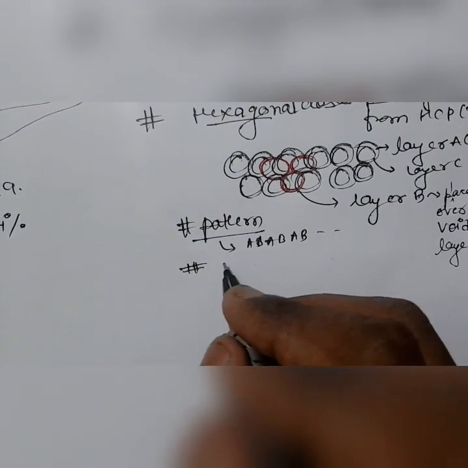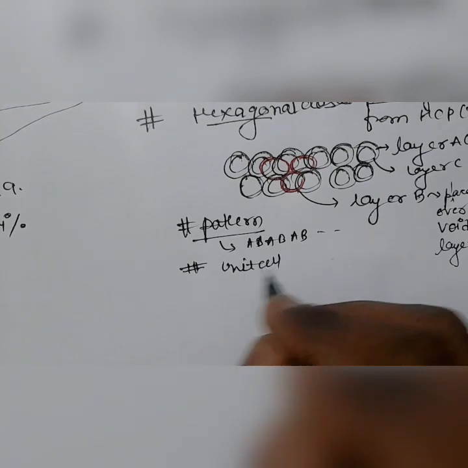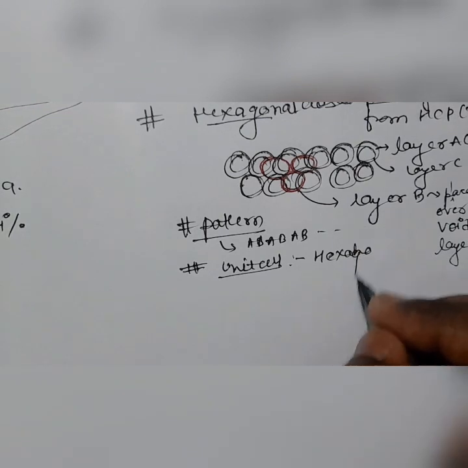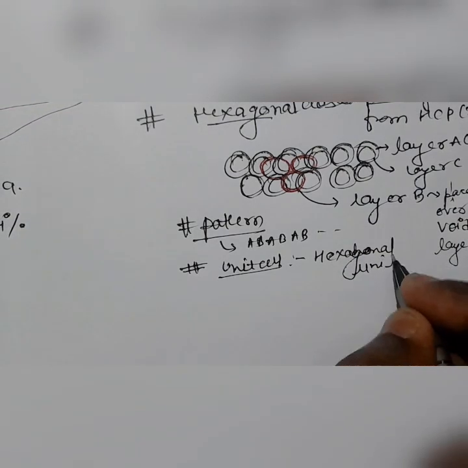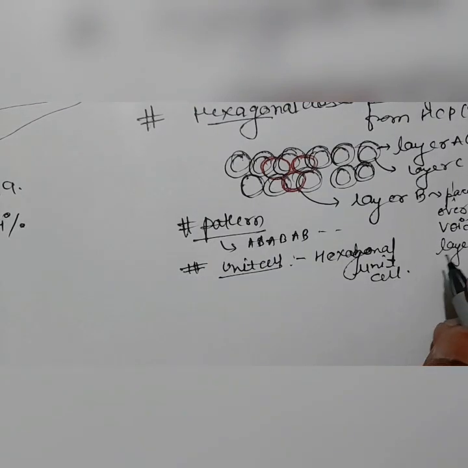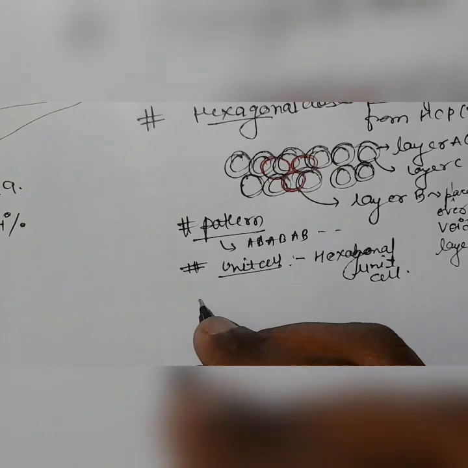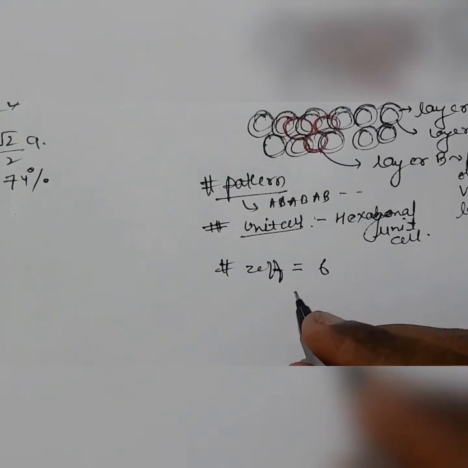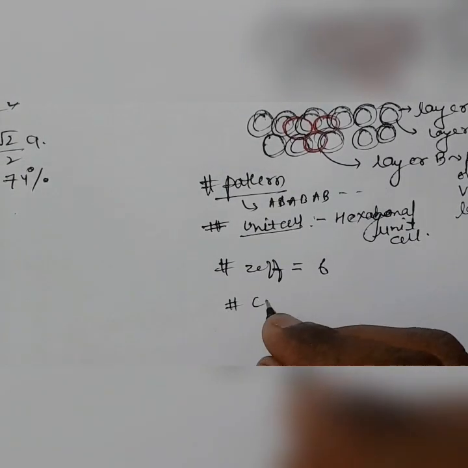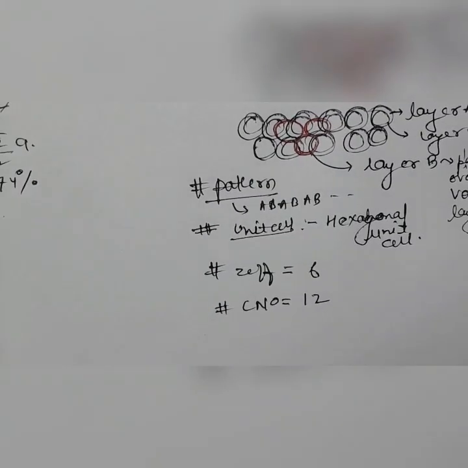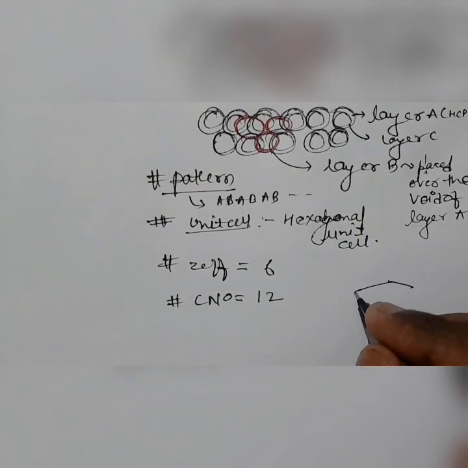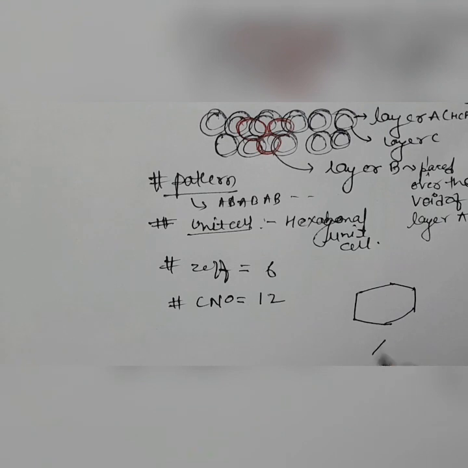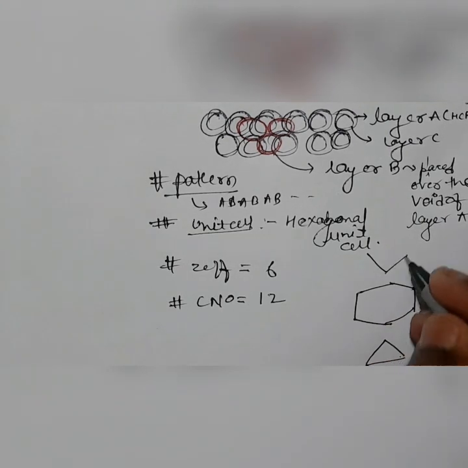Here the other thing is the unit cell used, that is the hexagonal unit cell. Then the Z effective here is 6, and one important thing we have to remember is the coordination number. Its coordination number is 12. How is its coordination number 12? Here this kind of structure actually exists, this, okay, and then this, and then this.